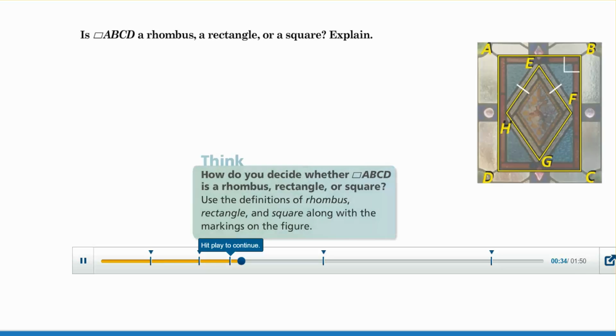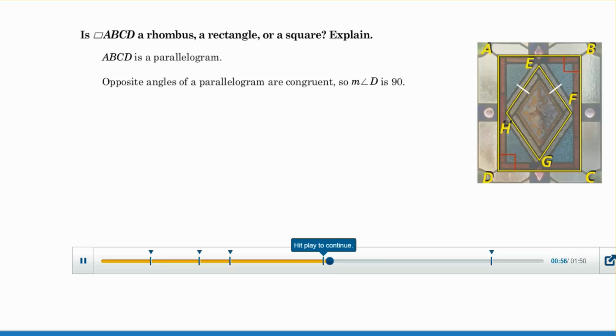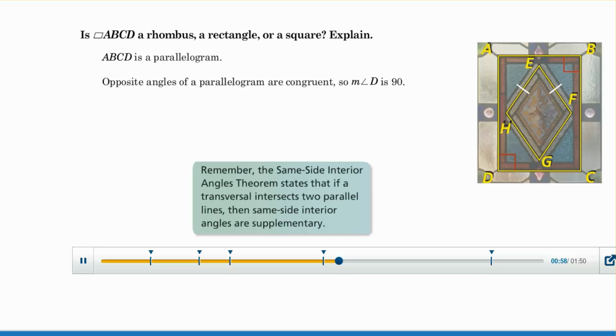You are given that quadrilateral ABCD is a parallelogram. Since angle B is a right angle and opposite angles of a parallelogram are congruent, the degree measure of angle D is 90. Remember, the same side interior angles theorem states that if a transversal intersects two parallel lines, then same side interior angles are supplementary.